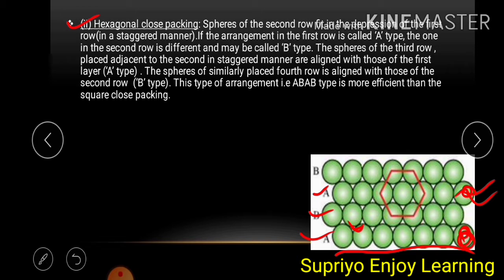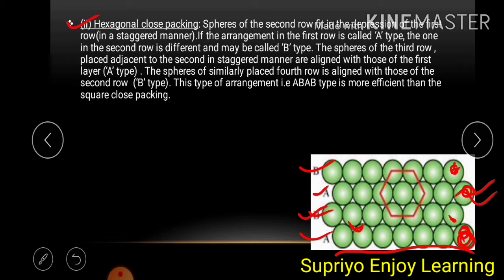Again you see that the second layer, B type, is exactly similar to that of the fourth layer. Means that the arrangement of the spheres in the fourth layer is the same as that of the second layer.